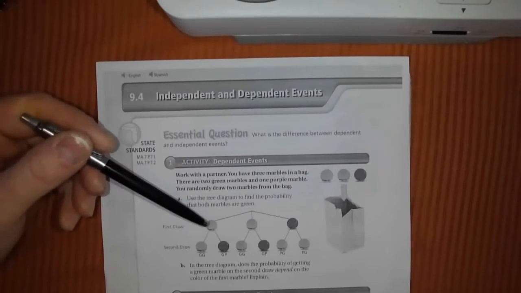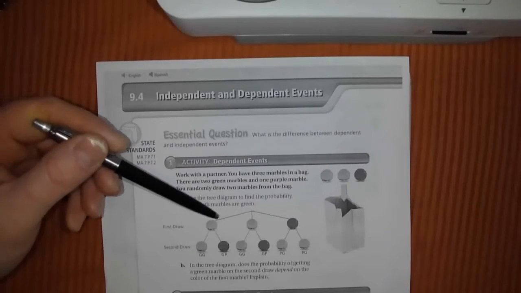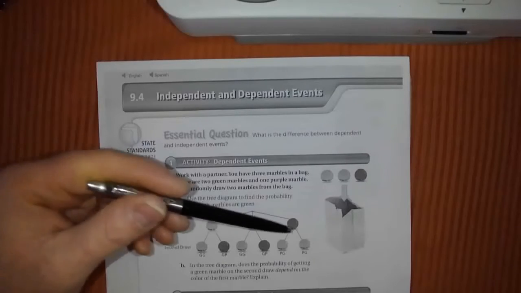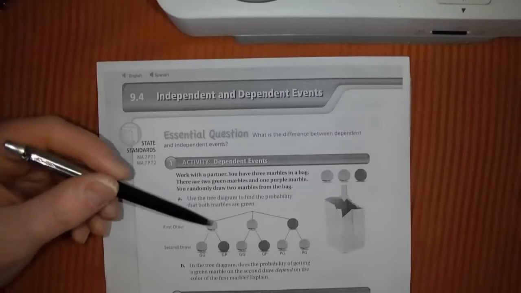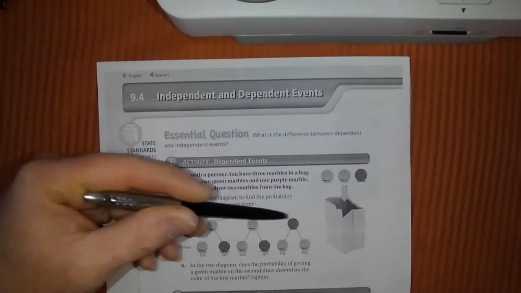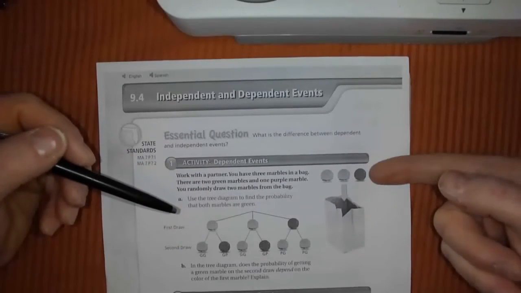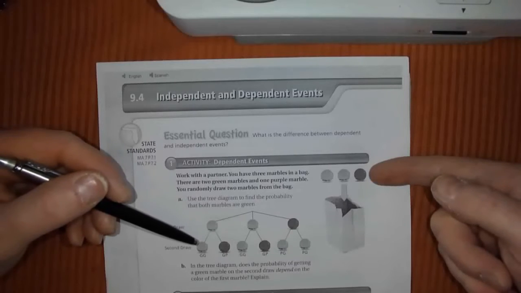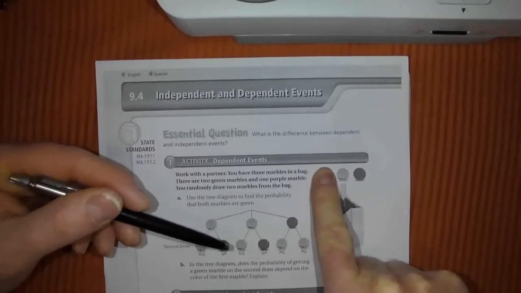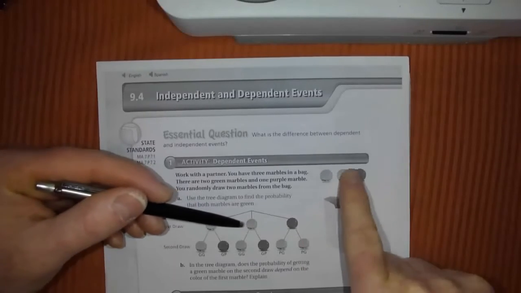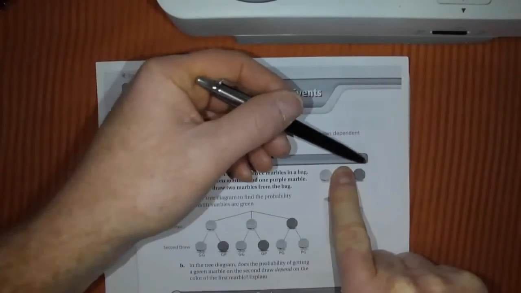So in this case, we started with 3 marbles. If you draw, this is a green marble, this is a purple marble. The colors don't come up because I have a black and white printer. But if I draw this marble out of these 3 that are in the bag, all that is going to be left is 1 green or 1 purple. Same thing if I draw that marble, all I'm left with would be a green or a purple.